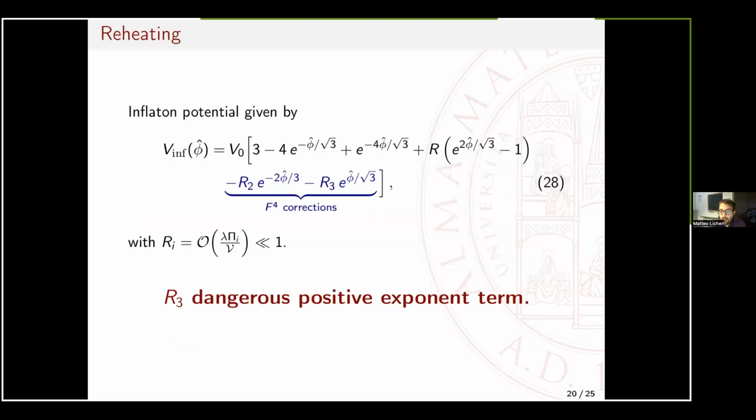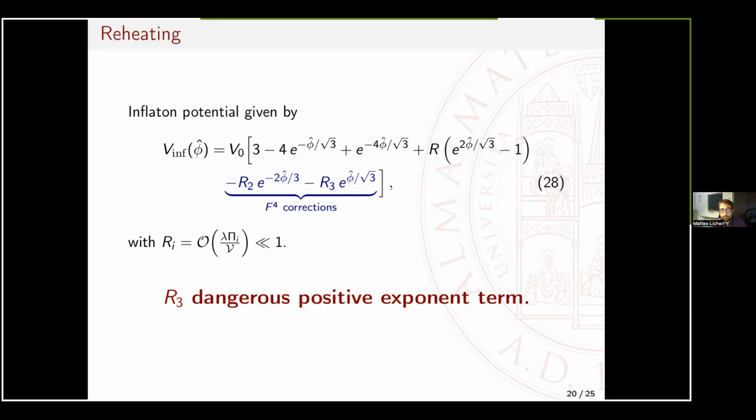Let us now go again to the reheating. In fact, now to extract phenomenological data, we have the inflaton potential in equation 28. The first line is the one already presented in the previous slides, plus these corrections in the F^4 correction, with the coefficients R2 and R3 that are volume suppressed.